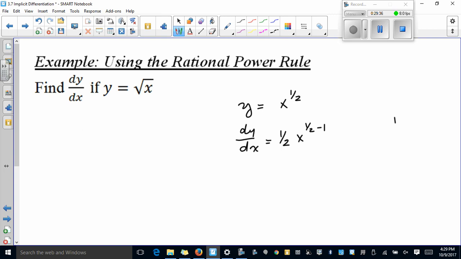So we get 1/2 x to the negative 1/2, or 1 over 2 square root of x. And yes, you are leaving it as such. dy dx equals 1 over 2 square root of x. You do not have to rationalize your denominator.